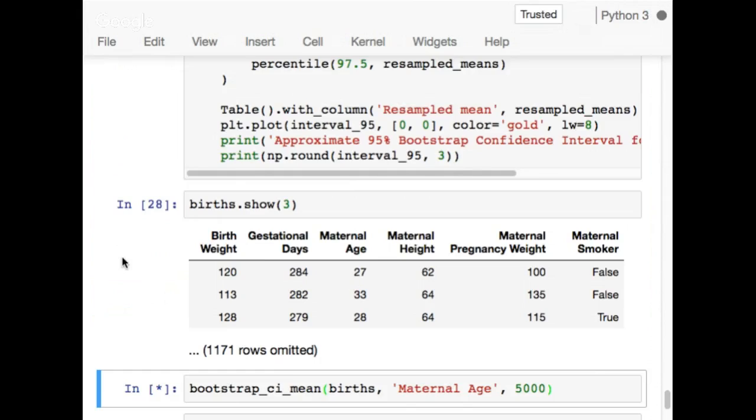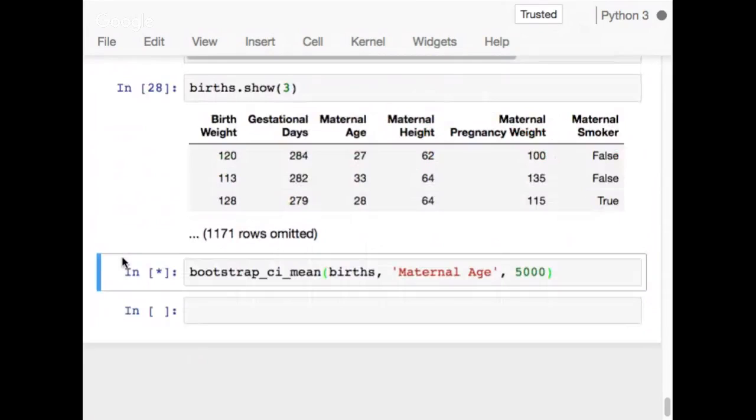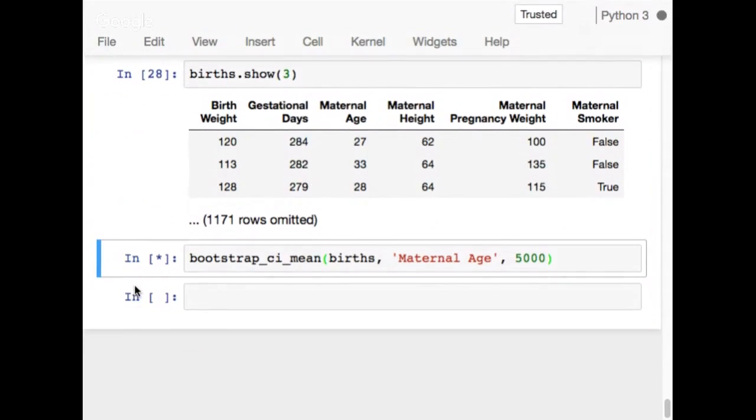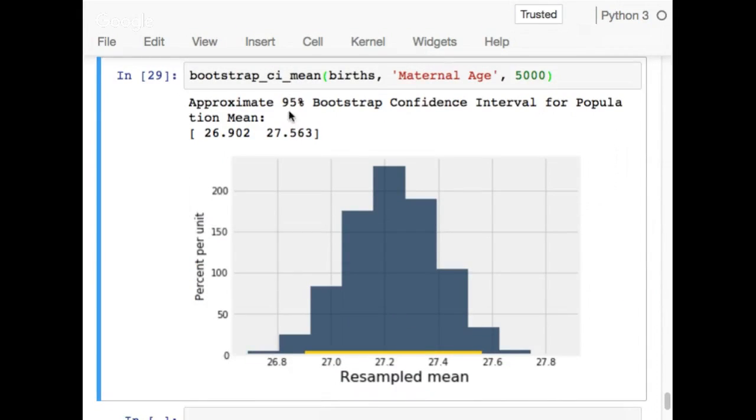This just repeats the code that I have up above. I've just copy and pasted that code down into this method. When it is done running, I should see a distribution of my sample means, along with a 95% confidence interval for those means. So it looks like here, my confidence interval is about 26.9 to 27.56.